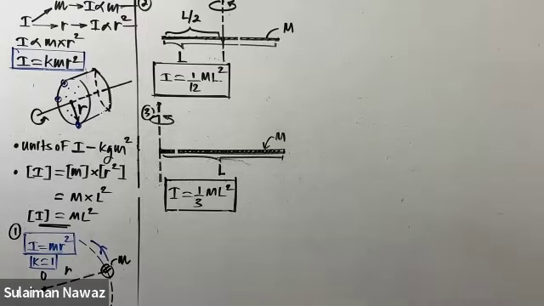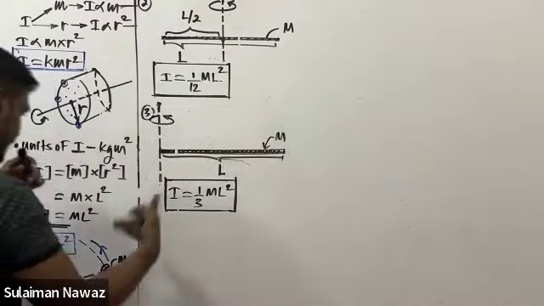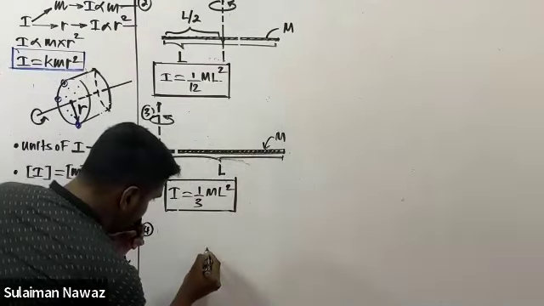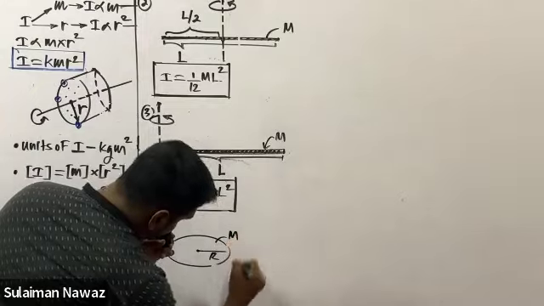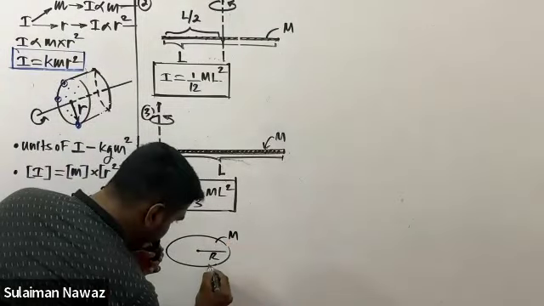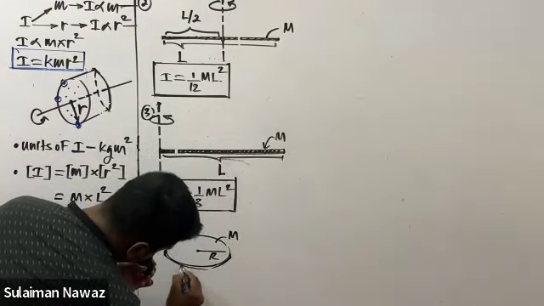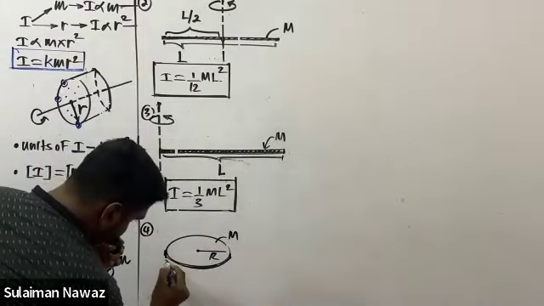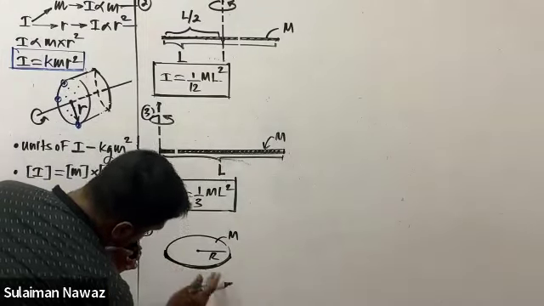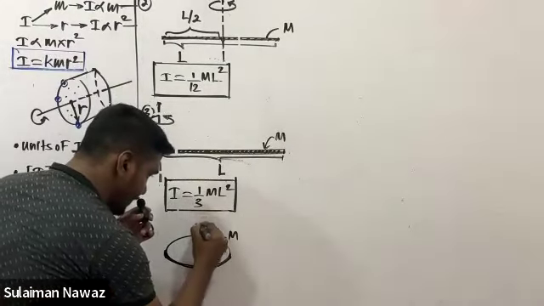Now the next story is not difficult. If it's a very thin circular disk of radius capital R and mass capital M, and you want to find the moment of inertia, the axis of rotation will be the axis passing through the center of the disk.